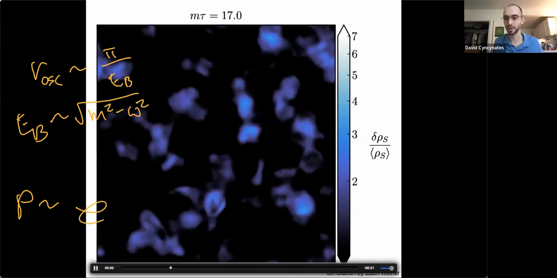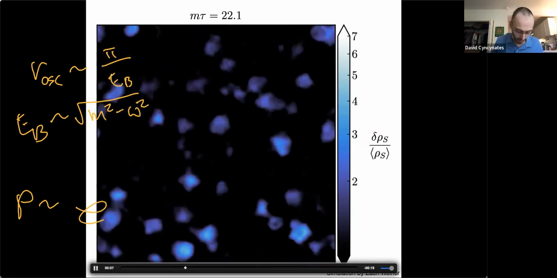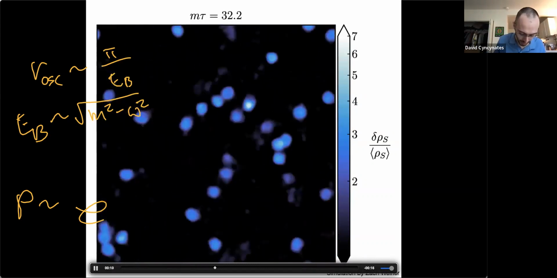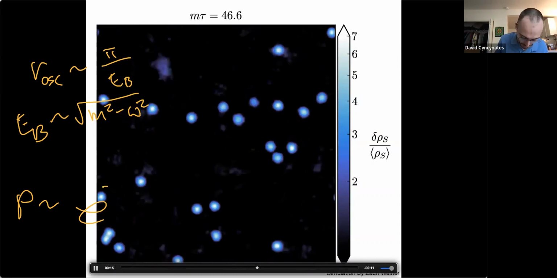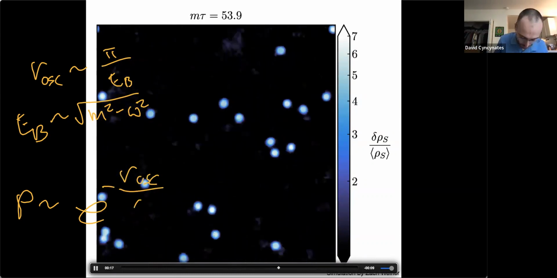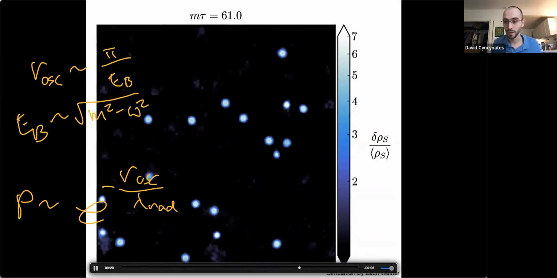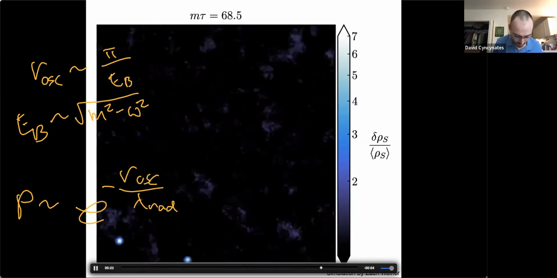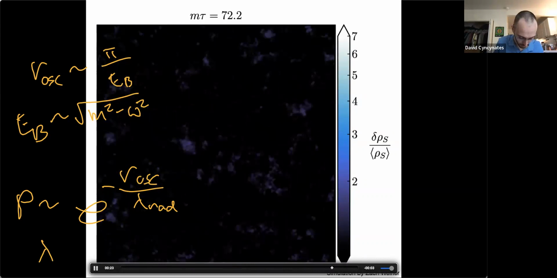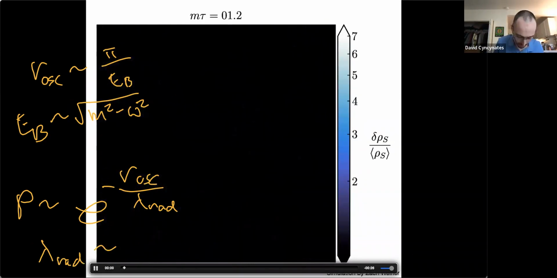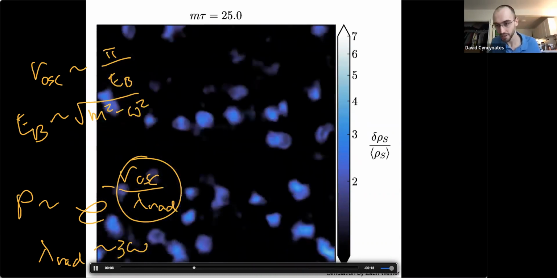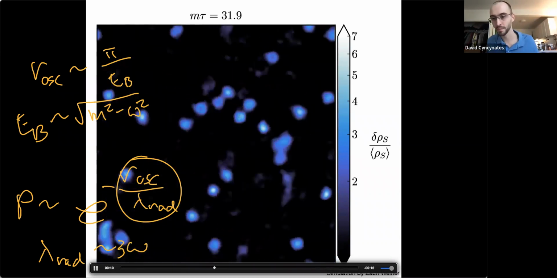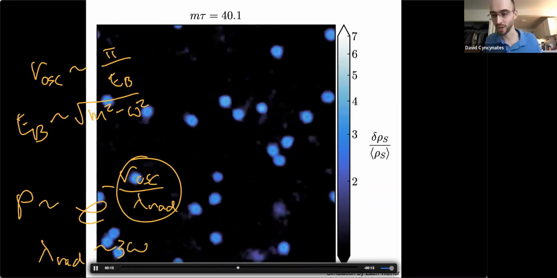This is basically Riemann-Lebesgue: you have a big thing coupled to a small thing. It scales exponentially like the size of the oscillon over the wavelength of radiation. The wavelength of radiation is roughly some order 1 number times omega, usually 3 omega if you have a 3-to-1 process. So this ratio gets bigger and bigger as the oscillon dies, exponentially suppressing its decay, making these long-lived objects.